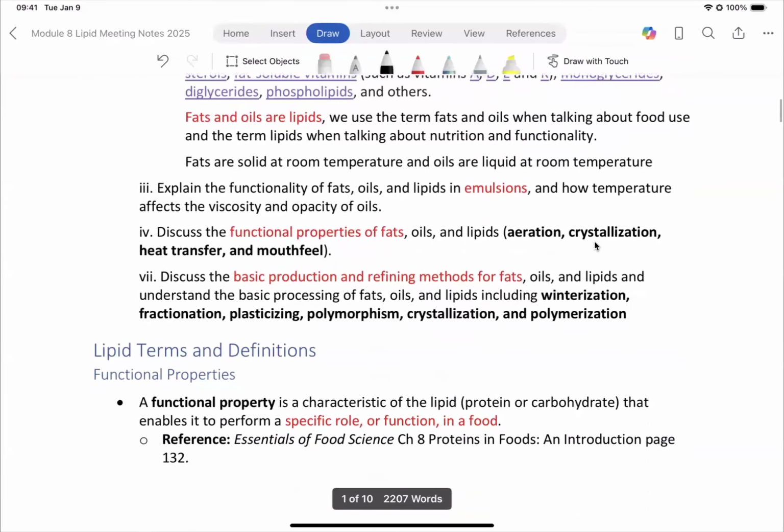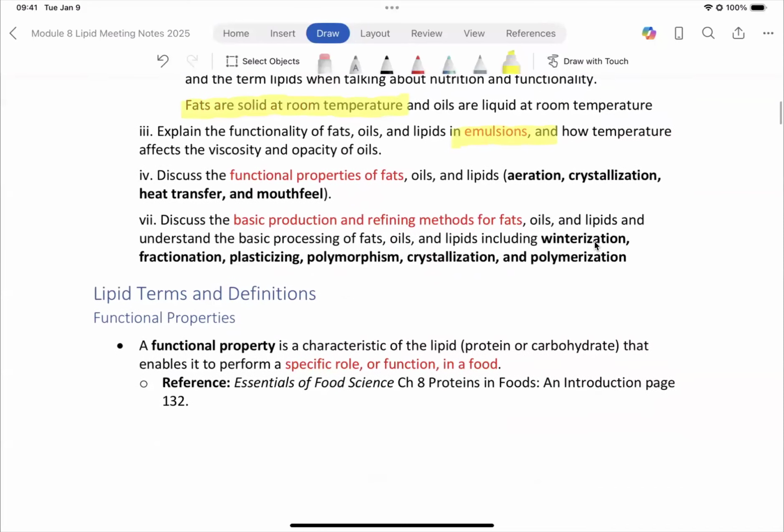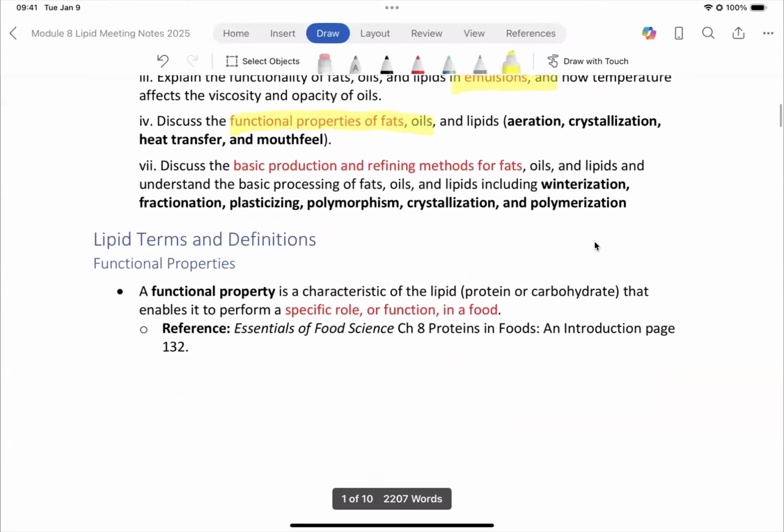In general, we say that fats are solid at room temperature and oils are liquid. That's why I only use fats. We're going to talk a little bit about emulsions and the functional properties of fats, which I think you probably know.